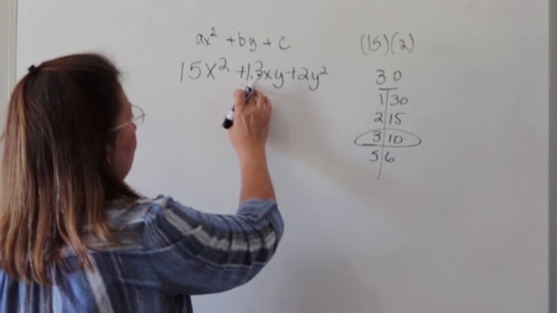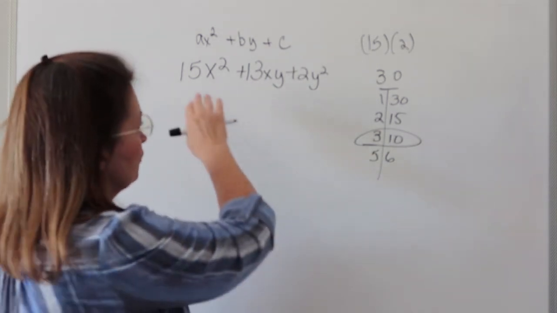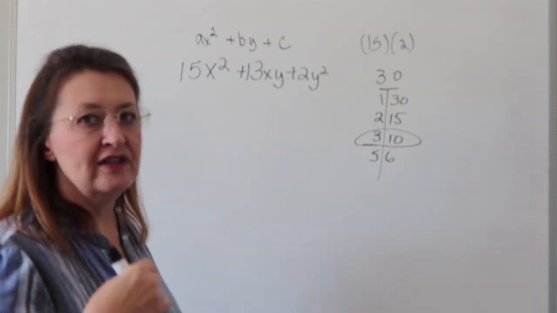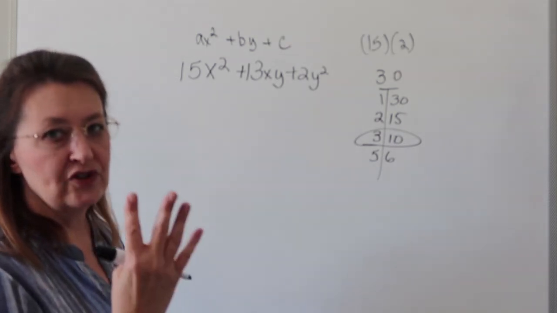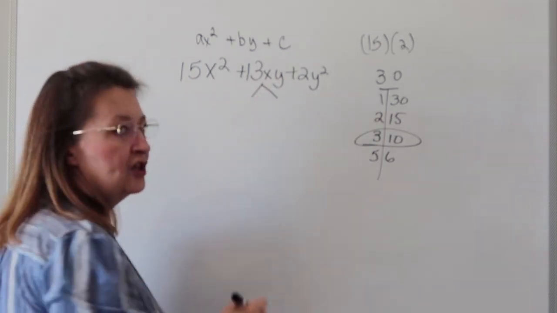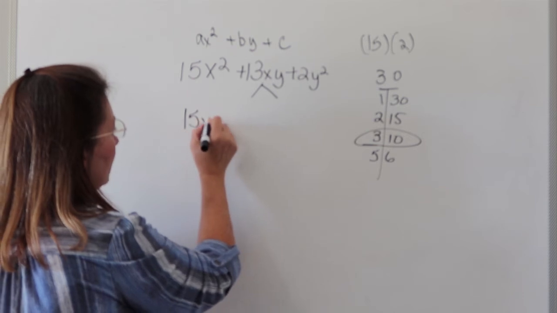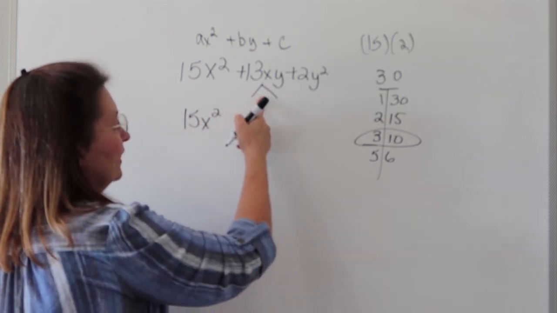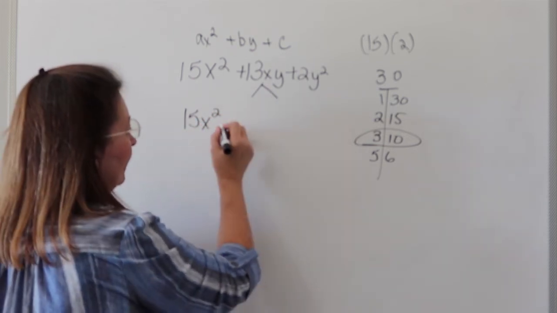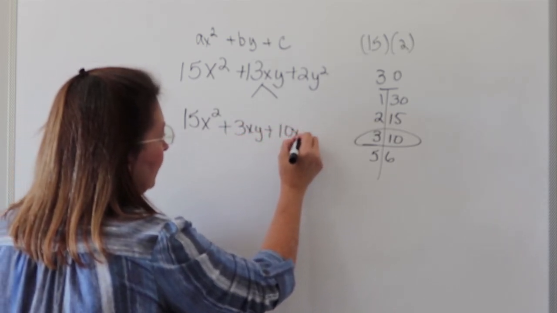What we're going to do is manipulate this 3-term polynomial and turn it into a 4-term polynomial, and we're going to do that by splitting this term. So we're not going to do anything to the first term. We're going to rewrite this middle term as 3xy plus 10xy.